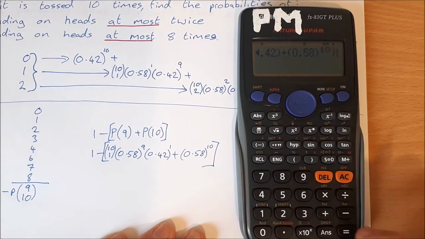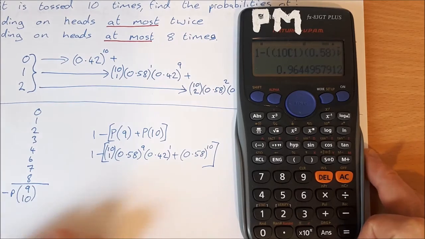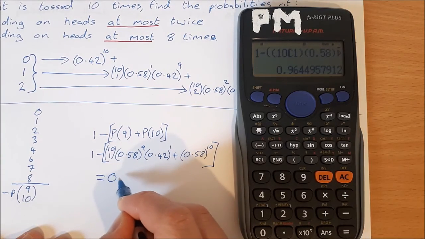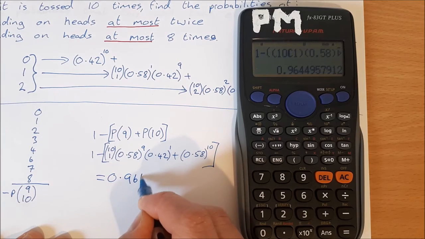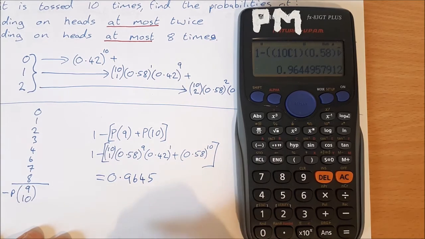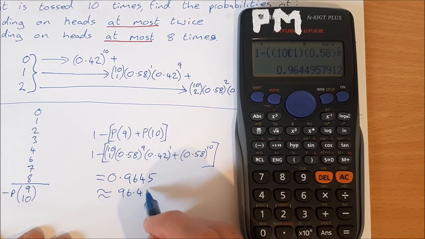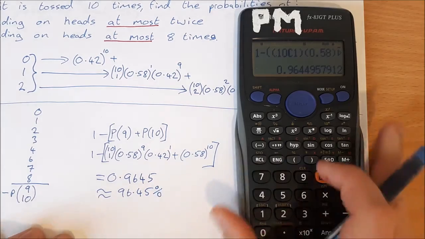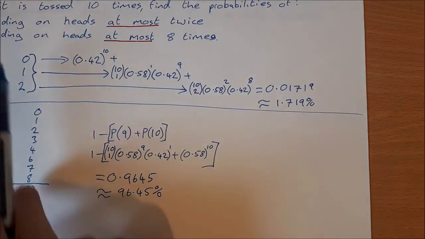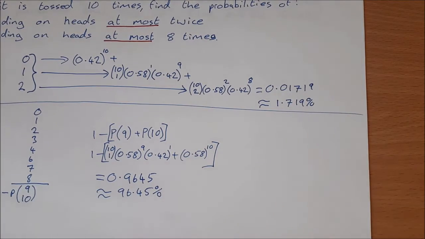Don't forget to close your brackets, and that's equal to 0.9645. We'll take it to 4 decimal places there, which is approximately equal to 96.45%. So what does that mean? That means the probability of landing on heads at most 8 times is 96.45%.